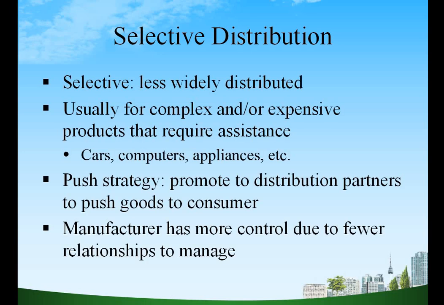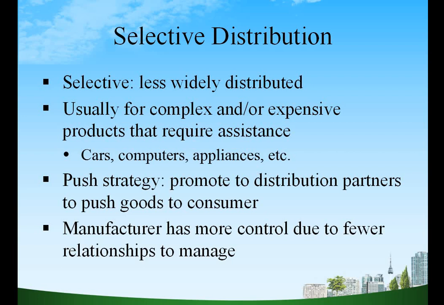The second important distribution is the selective distribution. This selective distribution is a less widely distributed channel. These channels are usually used for complex or expensive products that require assistance.